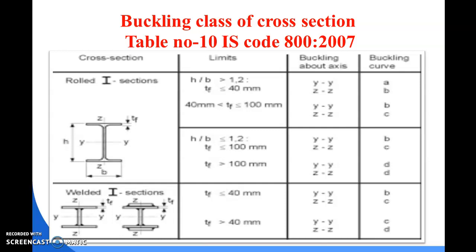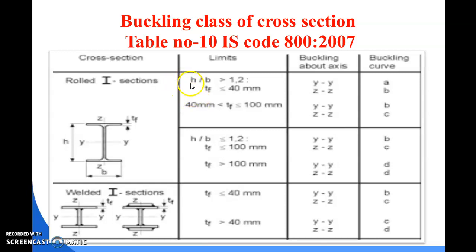So see, here it is table number 10, which is given in the IS code book. Here you can see, as an example, we take this I section. Okay, and for this I section, there are some limitations, which are known as your conditions to find out the buckling class.